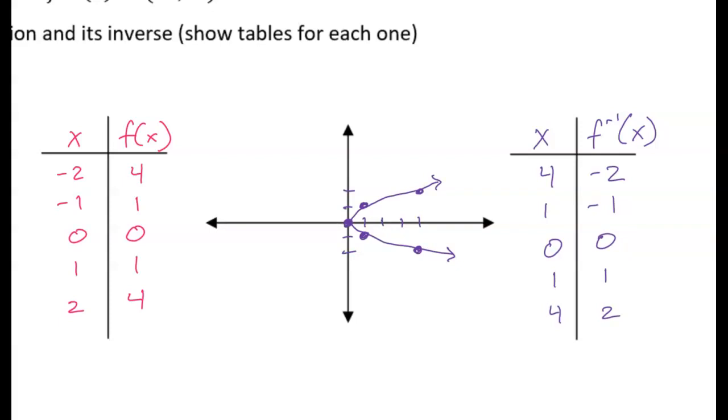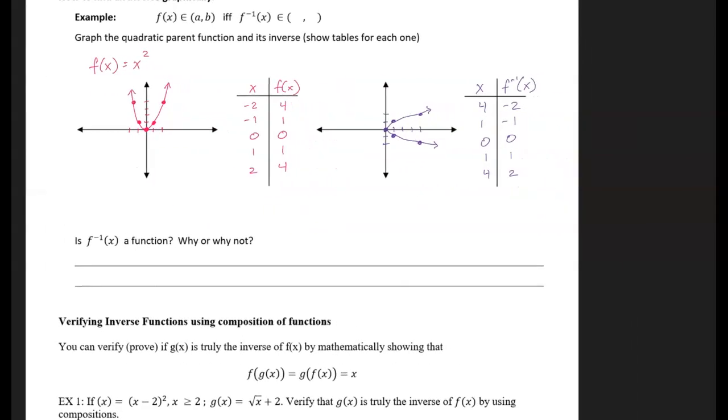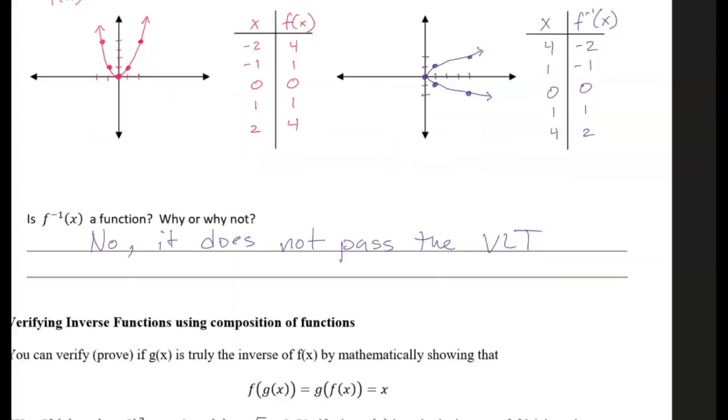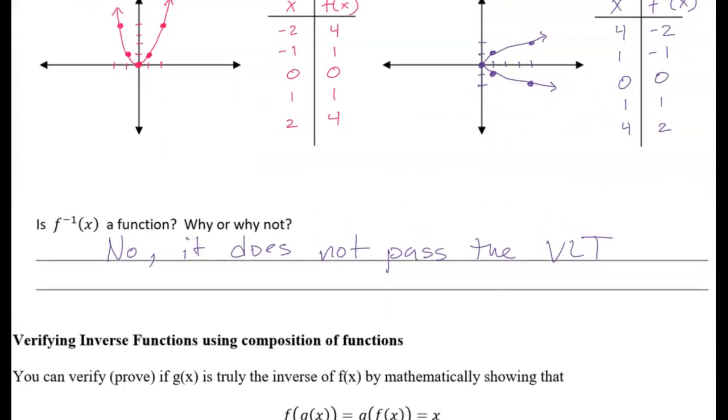Now, what do you notice immediately? Not a function. It is not a function. So no, the inverse is not a function. Why? How do you know? It does not pass the vertical line test, VLT. How else could we have known the inverse would not be a function?